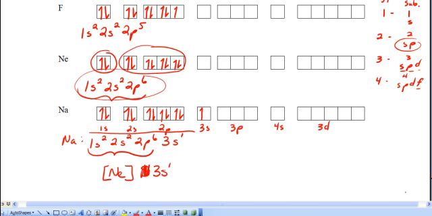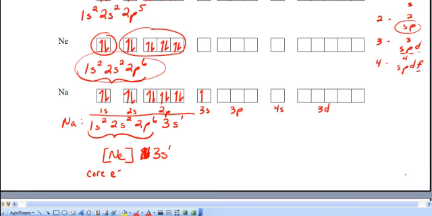These electrons, again, are called core electrons. Some people call them kernel electrons. And then the outer electrons are called valence electrons. And it's only the valence electrons, these outer electrons, that are used in chemical reactions.